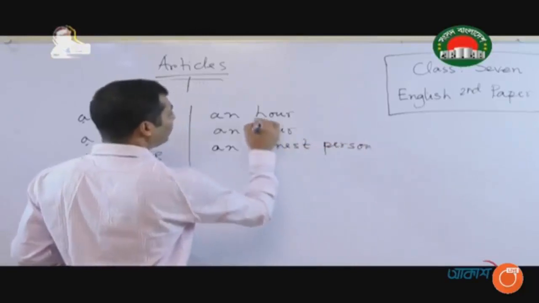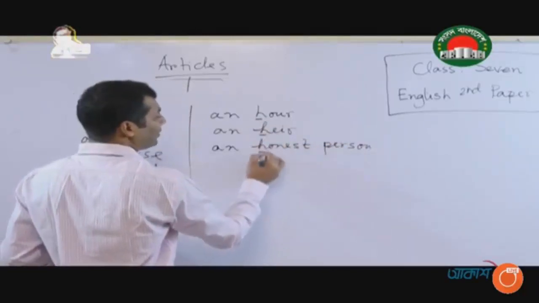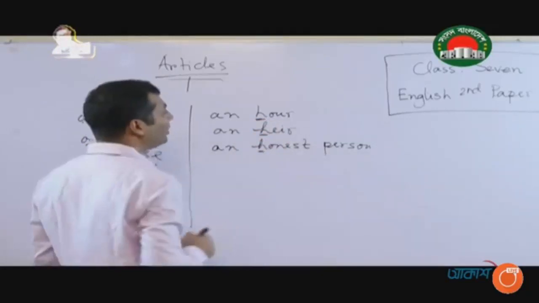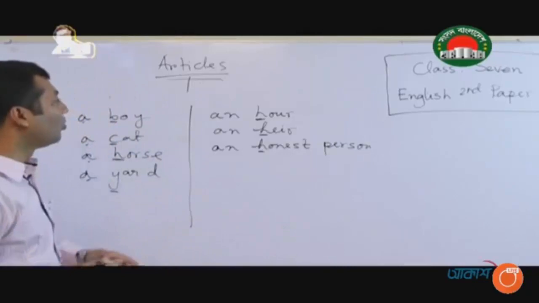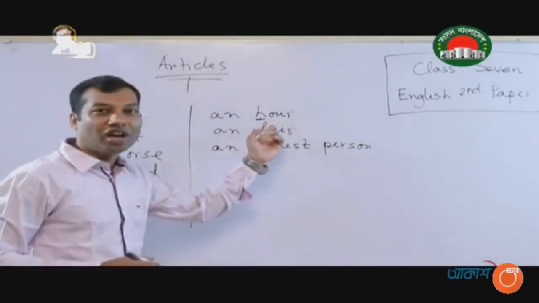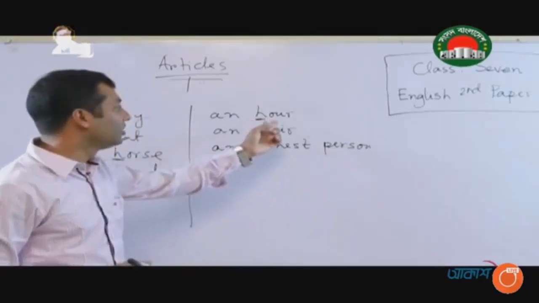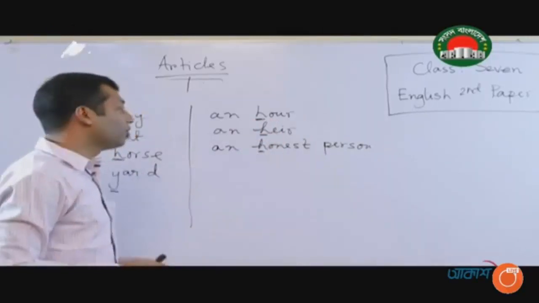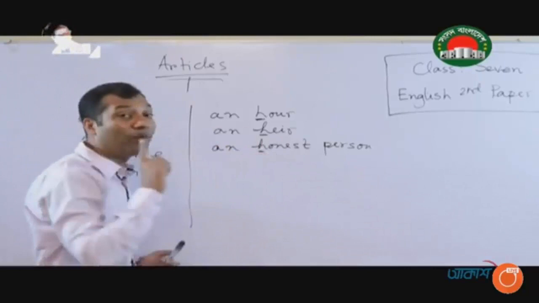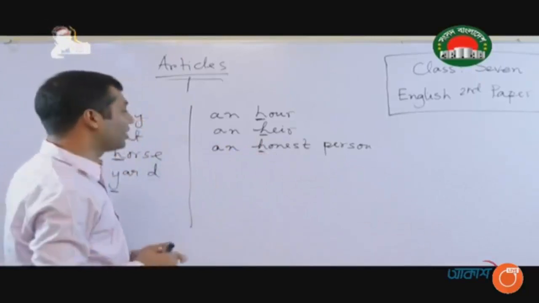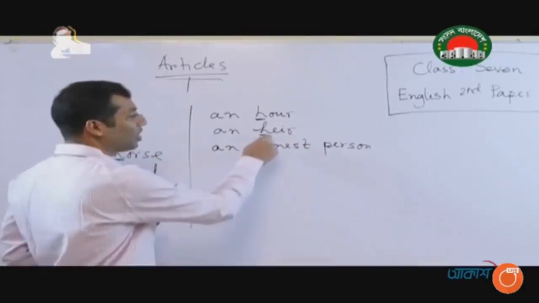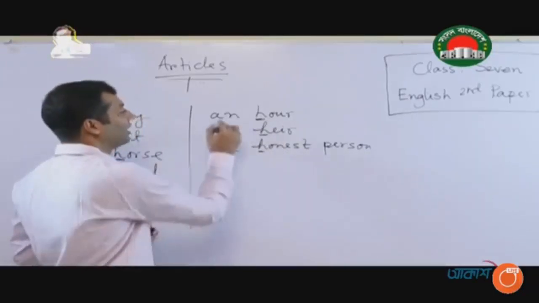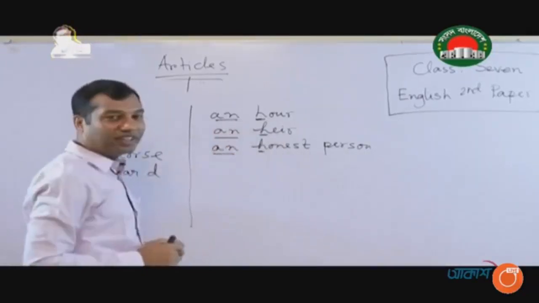So here you can see the presence of the letter h, but while you are pronouncing the word, you are not saying h, you are saying our. This is hour, this is heir, and this is honest. So you are pronouncing it with the vowel sound, not the consonant sound. As it is pronounced with the vowel sound, you must use the article an. I think you have understood.